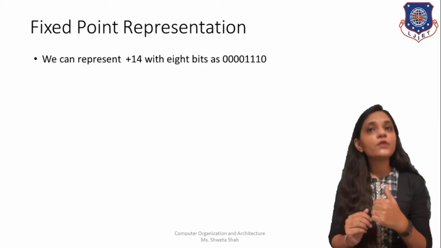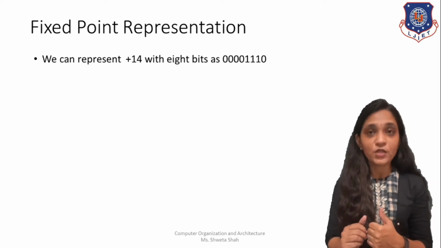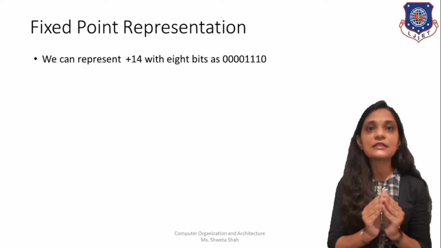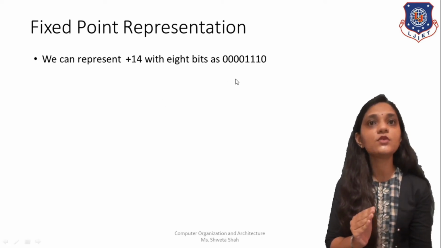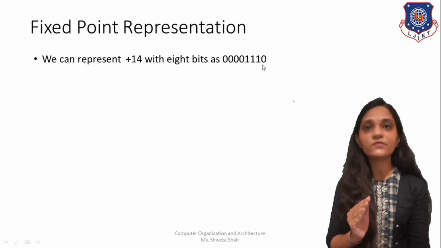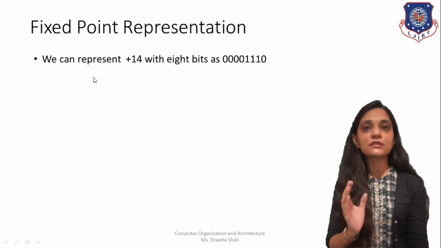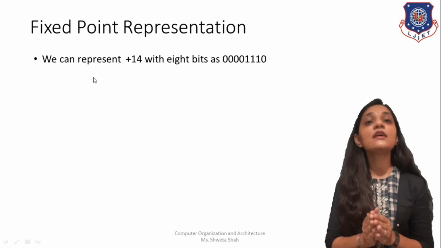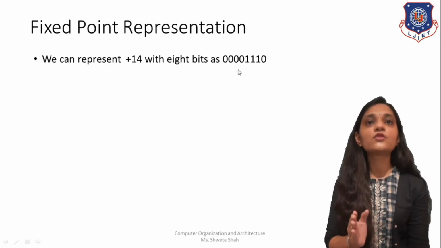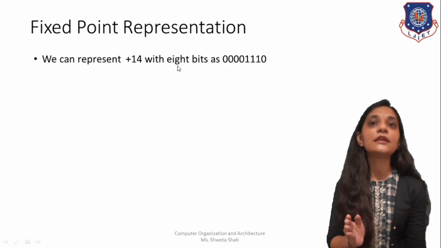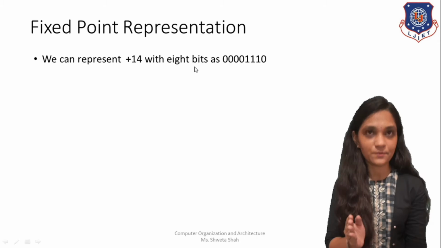If we have the number plus 14, we can represent this number in 8-bit representation as 0 0 0 0 1 1 1 0. Here 1 1 1 0 is 14's binary representation, and the 4 zeros are extra appended because we have represented this number 14 in 8-bit representation.